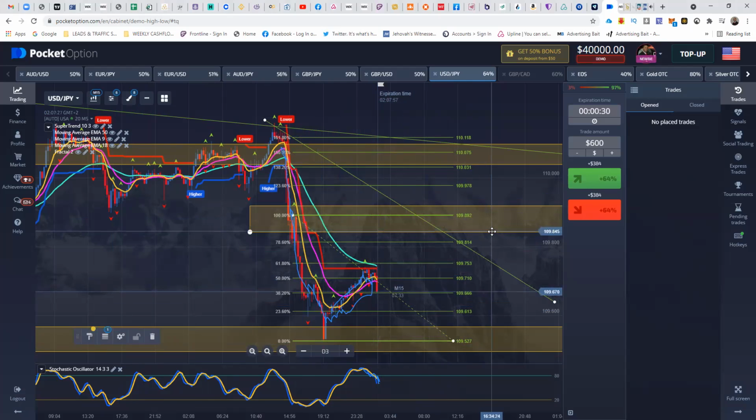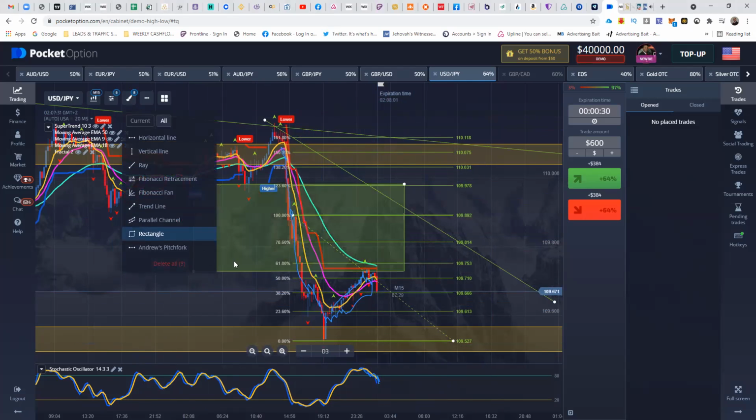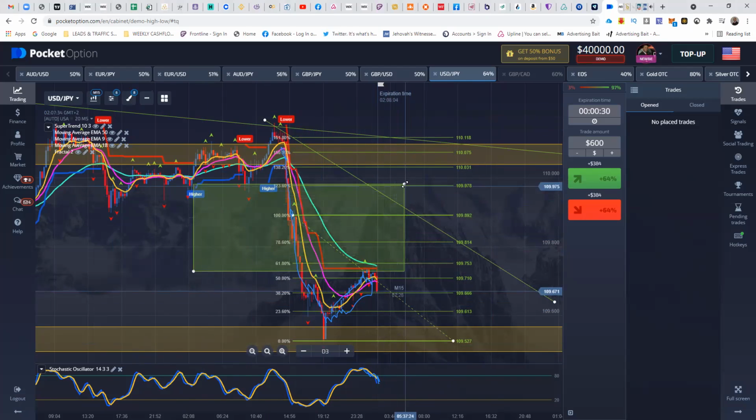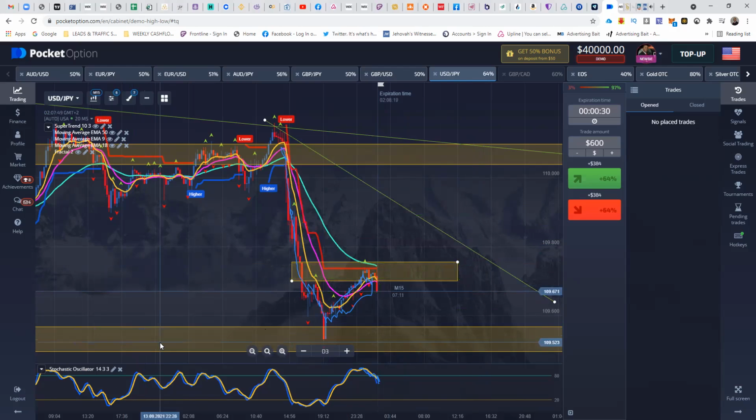I'm going to draw that just to update it. Let me grab the rectangle, down to here. Price is respecting that area.